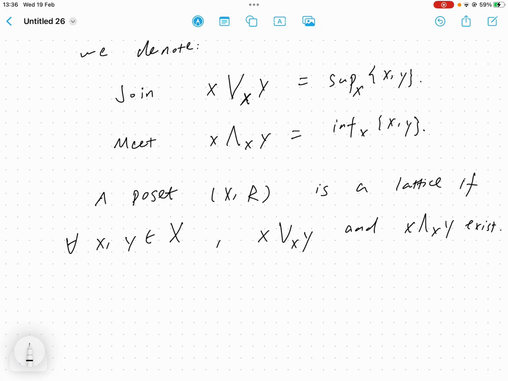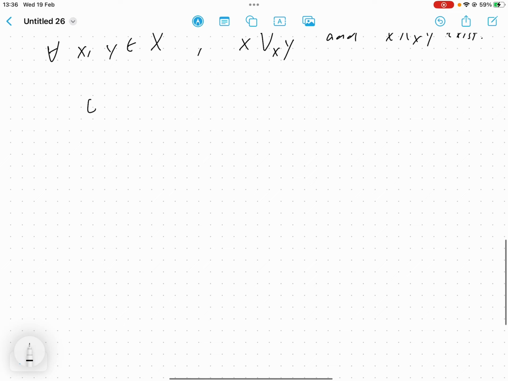This is a pretty straightforward definition, and then we're gonna have a quick look at some examples.